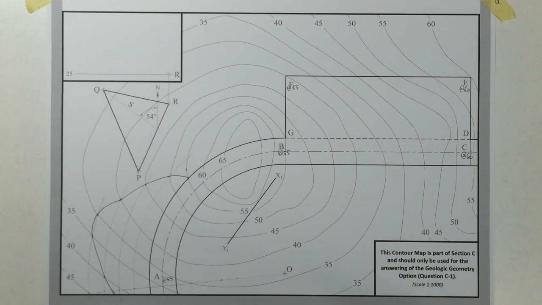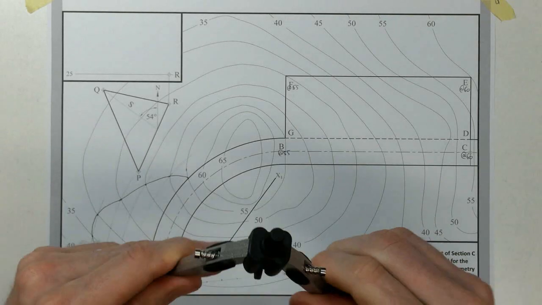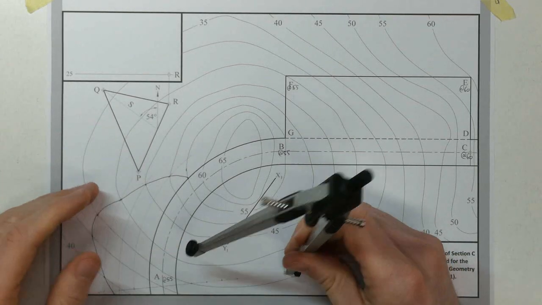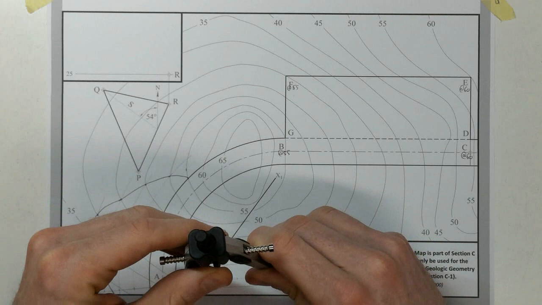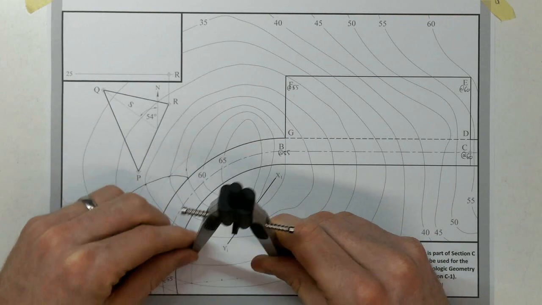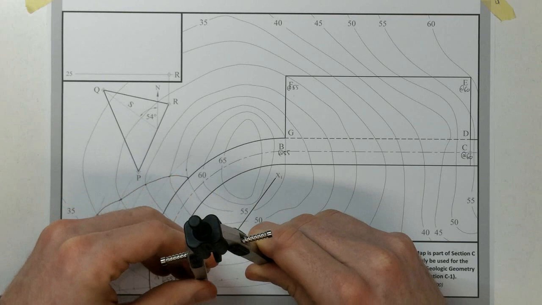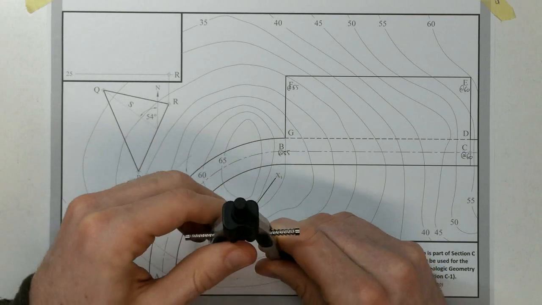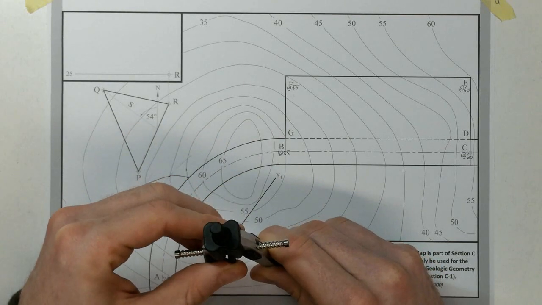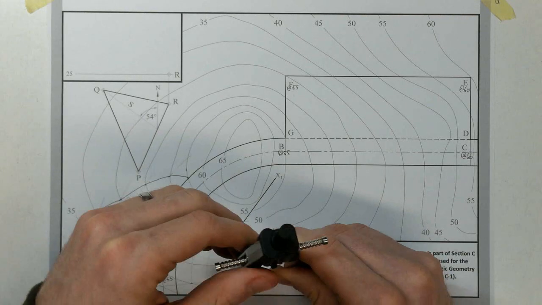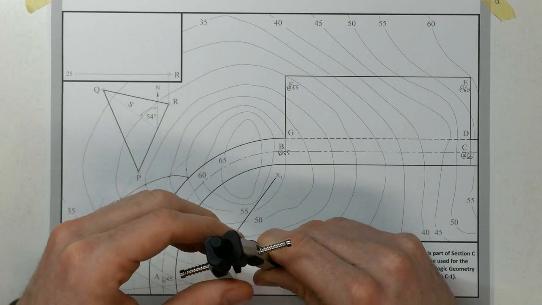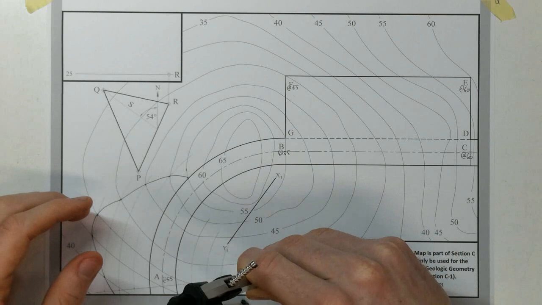Swing our arc: 50 down there, 45, 40, 35.